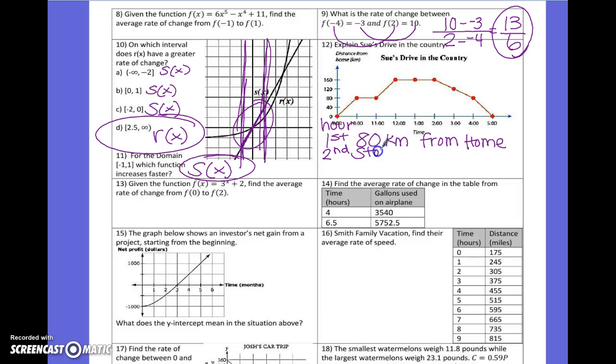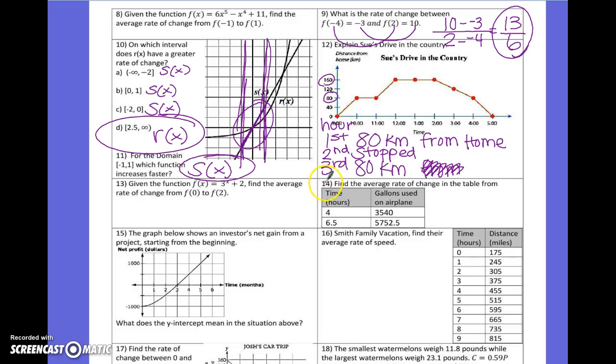She's stopped. In the third hour, we're going from 80 to 160. She's just going an additional 80 kilometers, so she's now 160 kilometers from home.